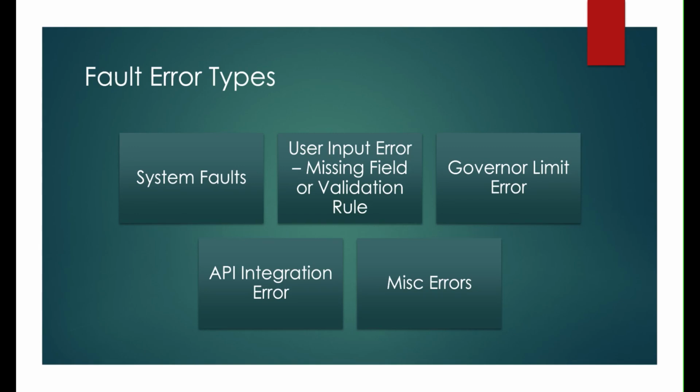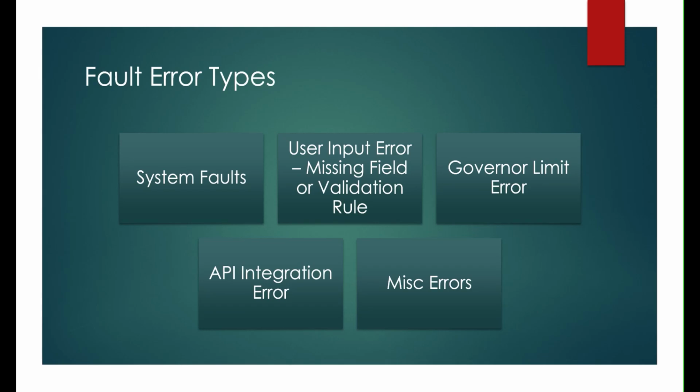And then the governor limit. Now we do know that Salesforce is a multi-tenant architecture, so you are actually using Salesforce along with other clients of Salesforce. So a runaway flow is limited in the amount of resources it can use, and that's what the governor limit is for. If it exceeds those limits, the flow errors out, and that's called a governor limit error.